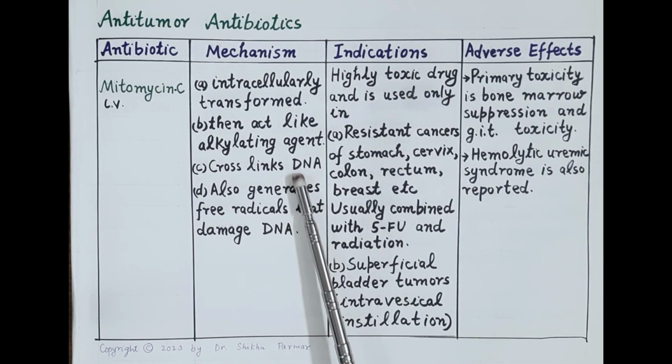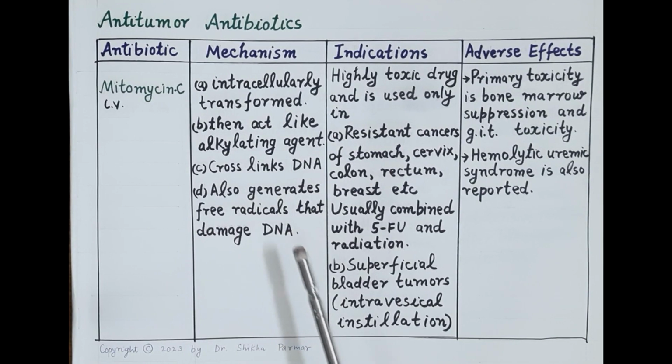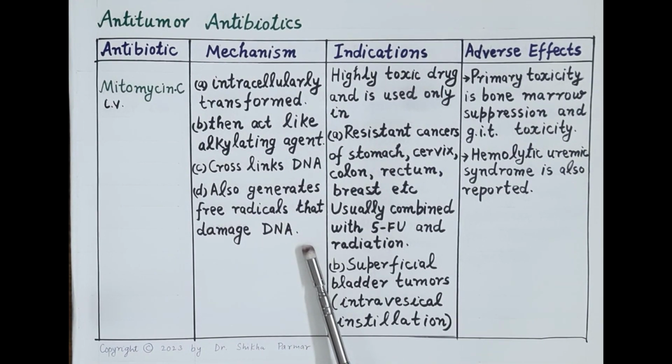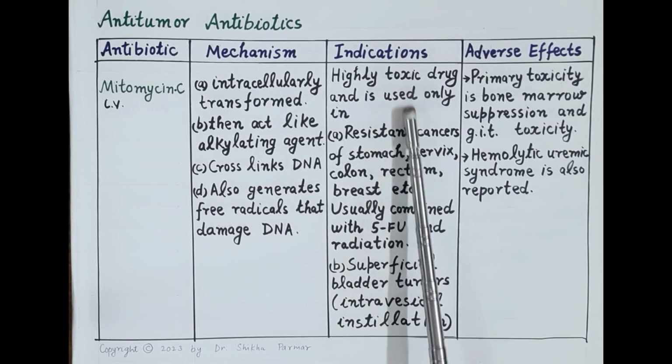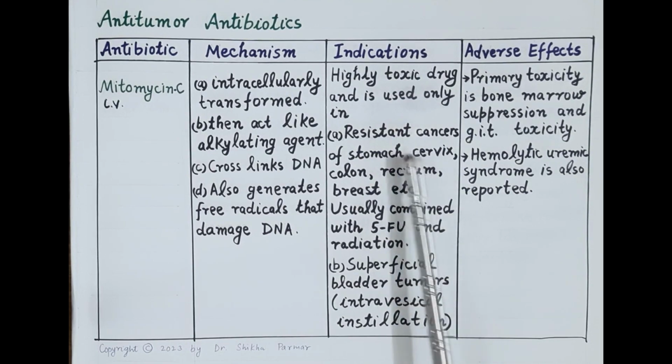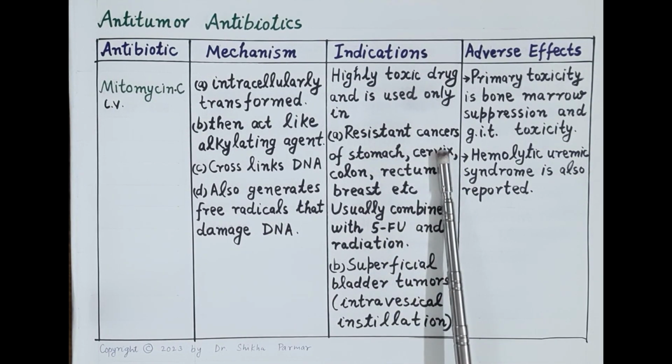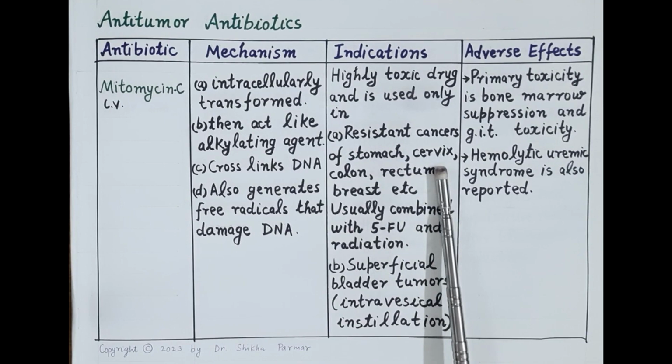Therefore, RNA is not synthesized. Now, in addition to this, Mitomycin C also generates free radicals that further damage the DNA, and this triggers cell apoptosis.